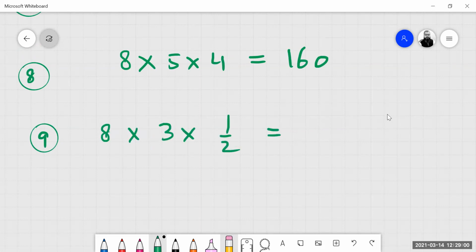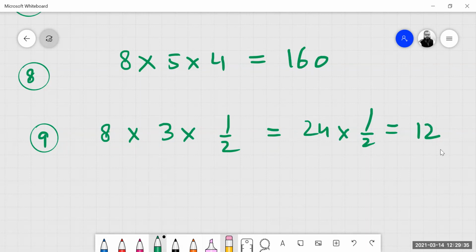So what will be the answer? 8 multiply 3, 24. 24 multiply 1 over 2, or 24 divide by 2, equal 12.